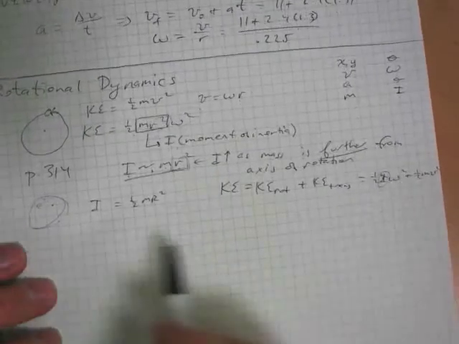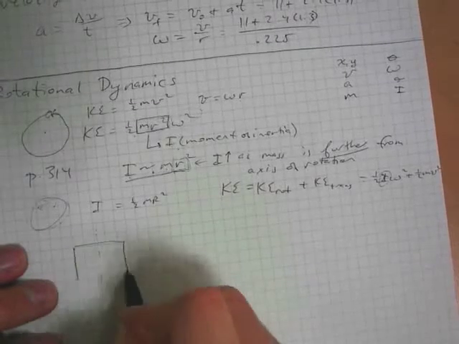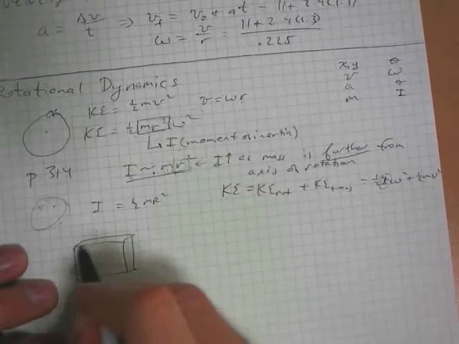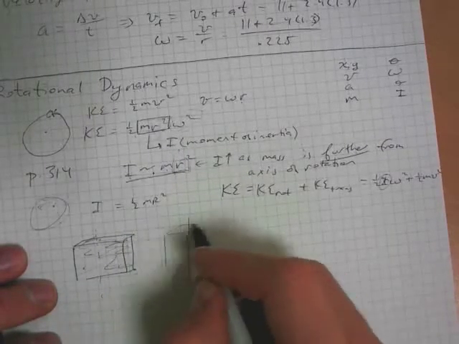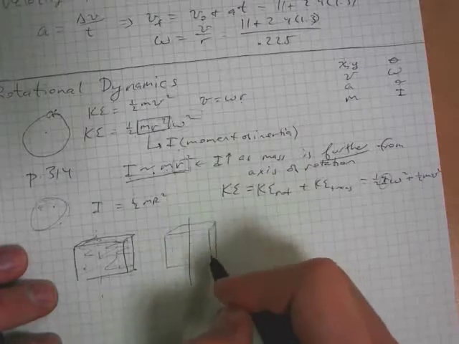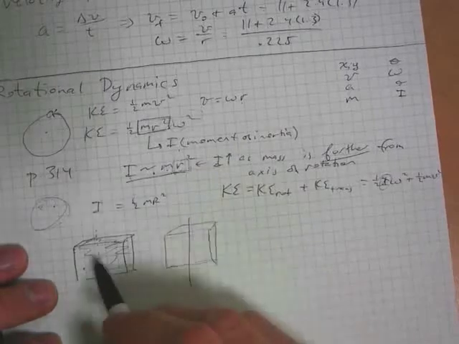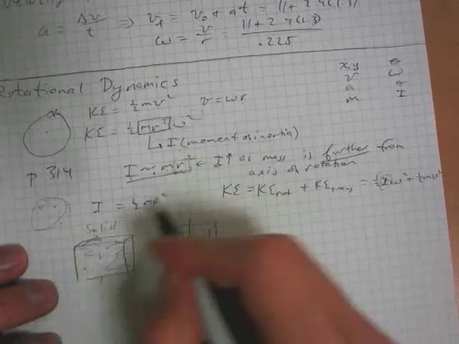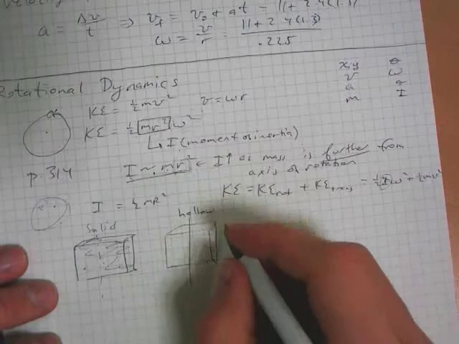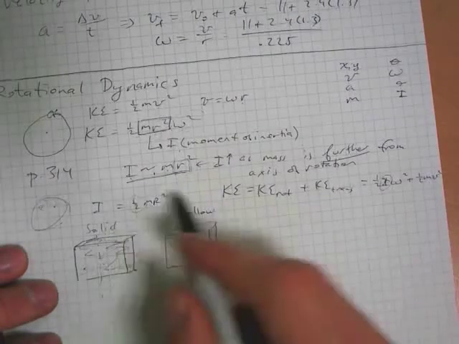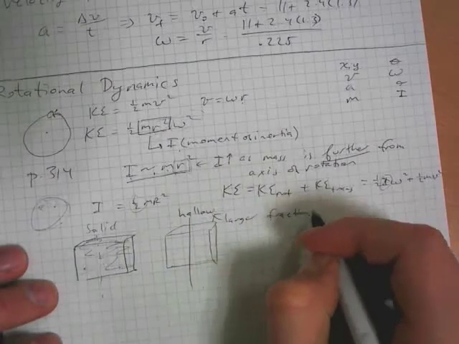So if, for example, you have a solid cube versus a hollow cube, the hollow cube is going to have a larger fraction out in front of the moment of inertia.